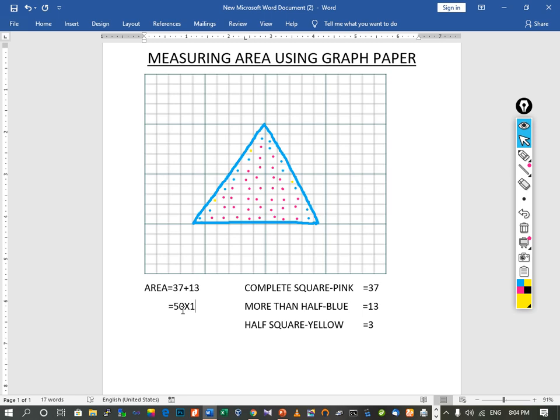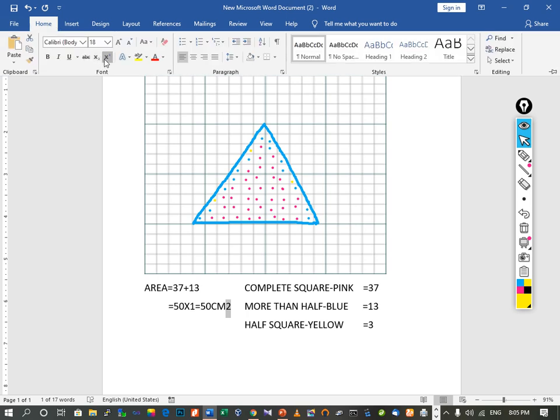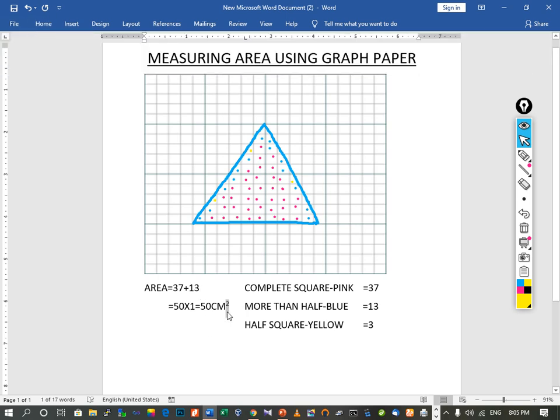So here we have 50 centimeter square. So the area of this part is 50 centimeter square.